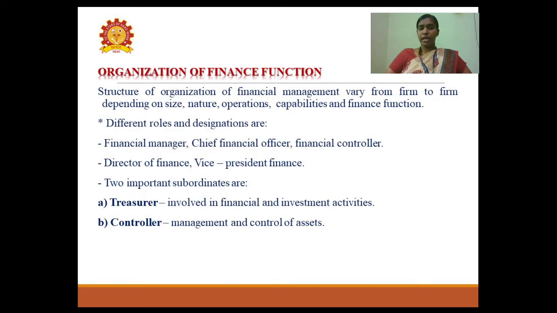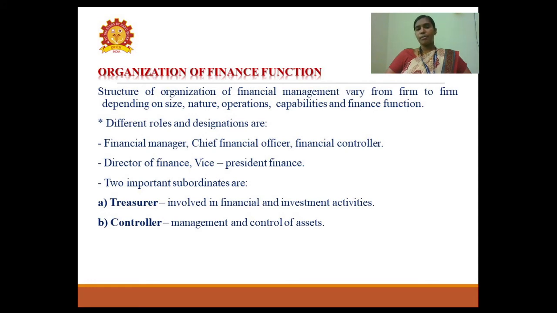So he has to maintain a good relationship with the other departments too. Organization of finance function. The structure of organization of financial management varies from firm to firm depending on size, nature, operations, capabilities, and finance functions. Different roles and designations: financial manager, chief financial officer, financial controller, director of finance, vice president finance.